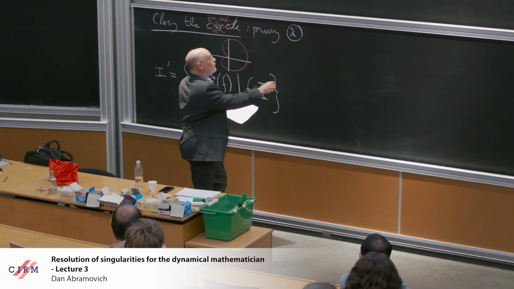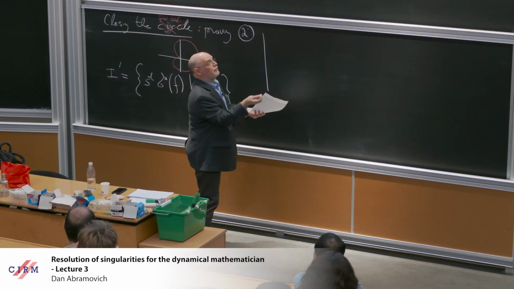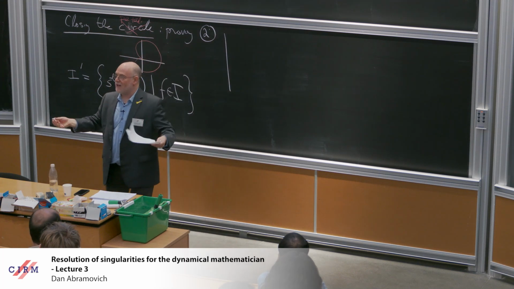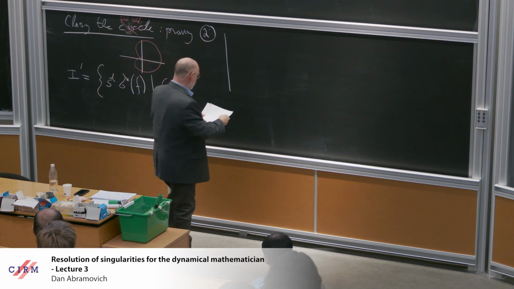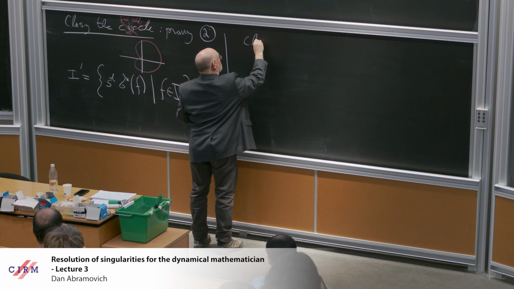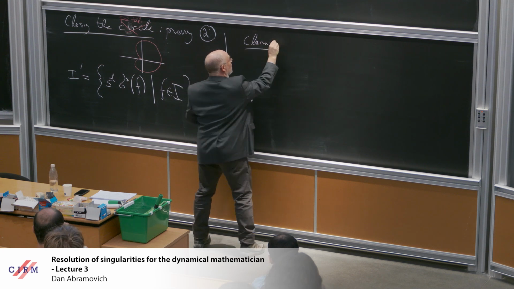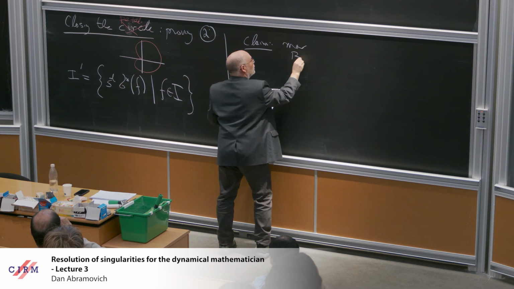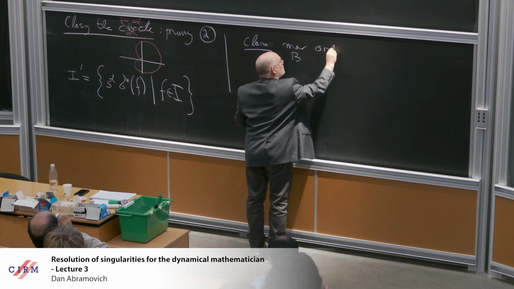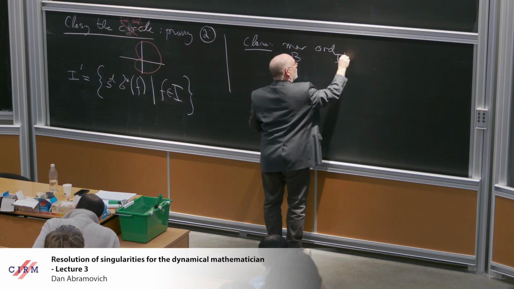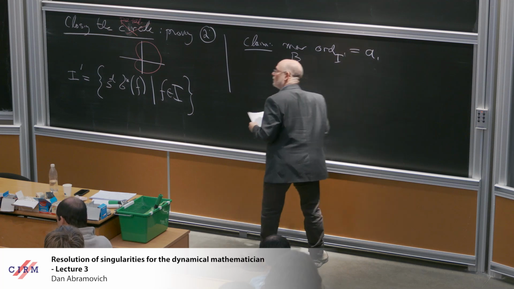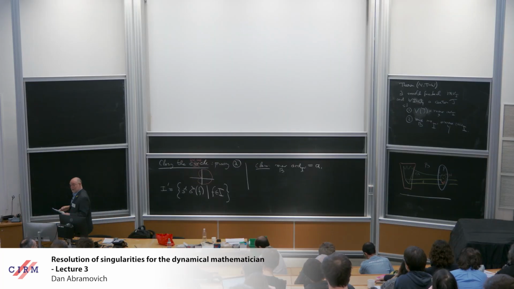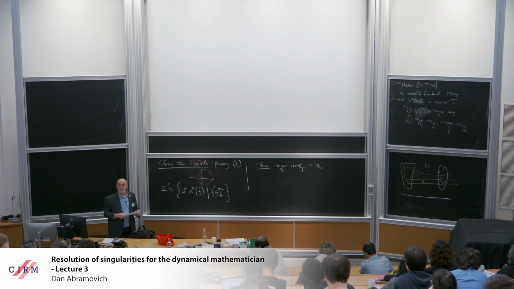So in order to prove this, we have to use the inductive structure of the invariant. It starts with the order of vanishing. So we'd better know the following claim. The claim says that the maximum on B of the order of I prime is still a1, still the order of the original ideal and not more.